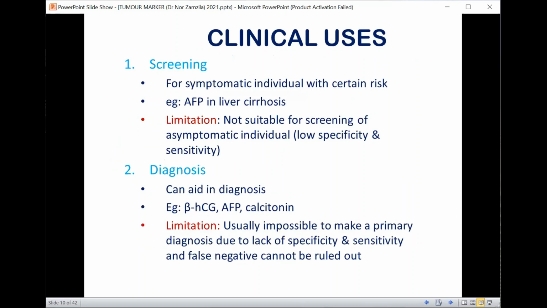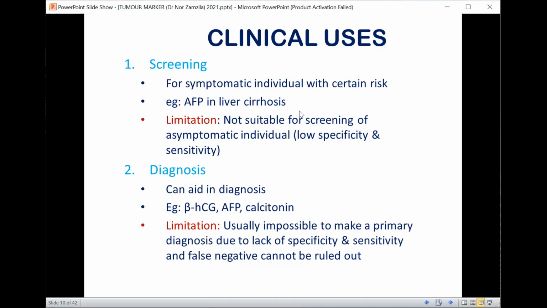Okay, some tumor markers can be used for screening, but this is not for all tumor markers. For example, patients with liver cirrhosis have a higher risk of getting hepatocellular carcinoma, isn't it? So for these patients with liver cirrhosis, we can use AFP as a tumor marker to screen them for the presence of hepatocellular carcinoma.